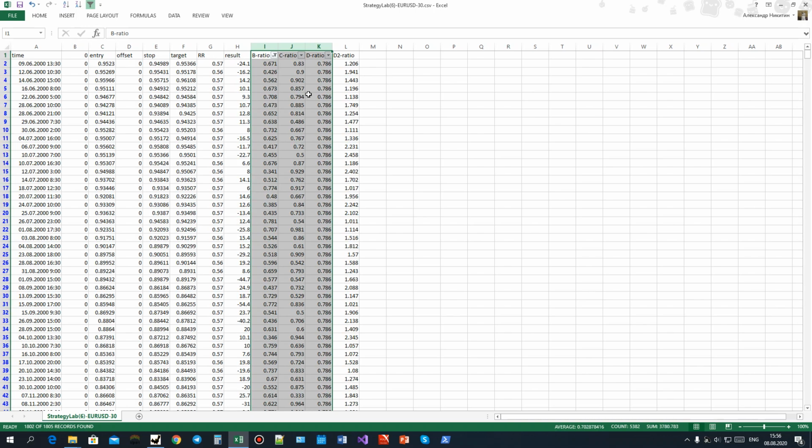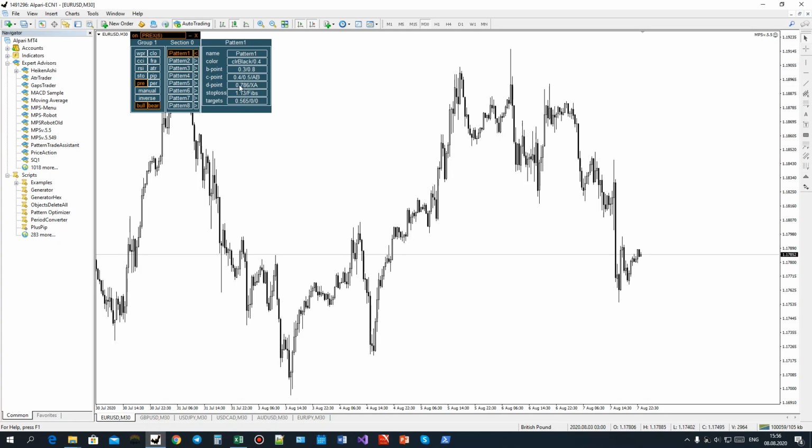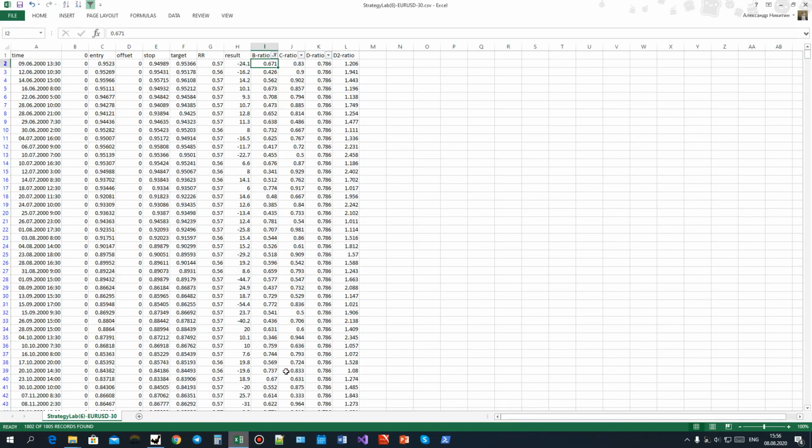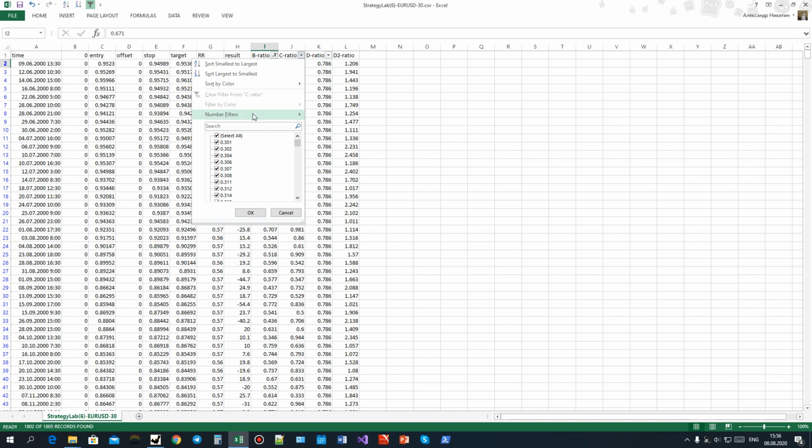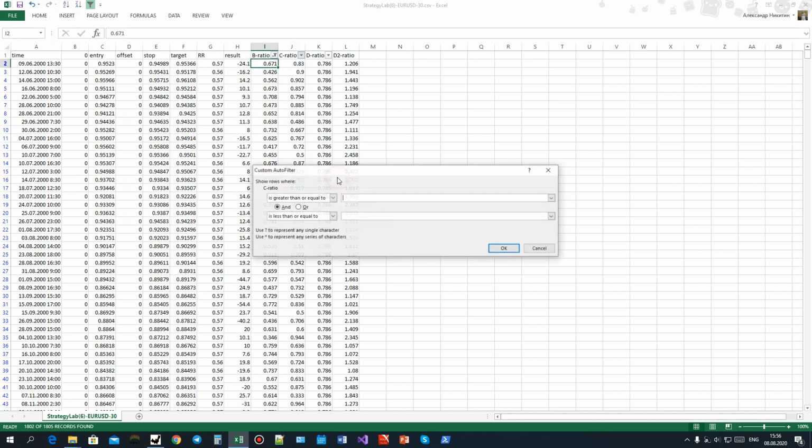Okay. So from here, the B point range is from 0.3 to 0.8, and the C point range should lie within 0.4 to 0.5. It should be greater than or equal to 0.4 and less than or equal to 0.5.